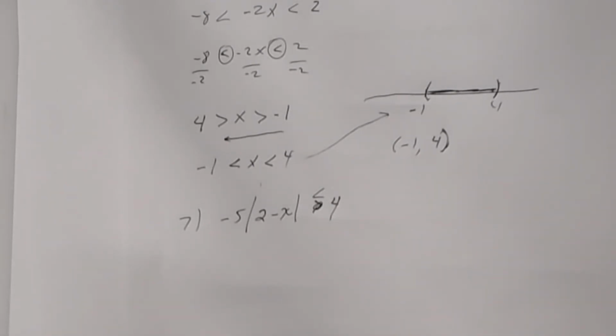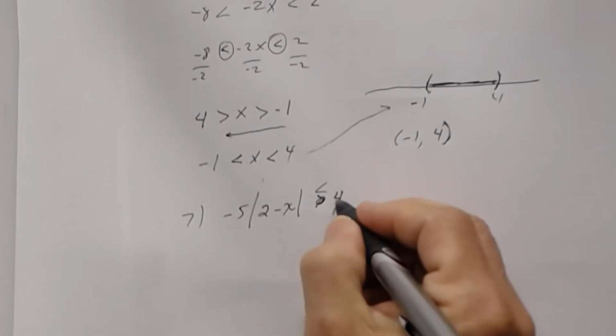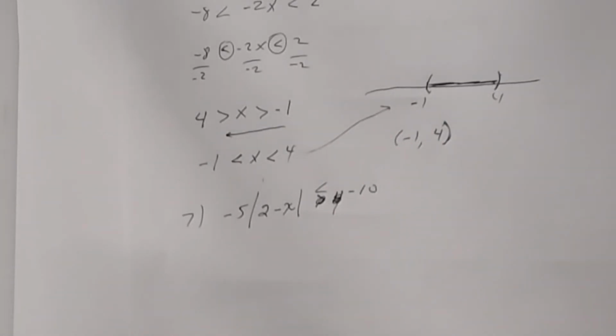Nope, I don't want a fraction. Let's do -10. So -5 times the absolute value of 2 minus x is less than -10.